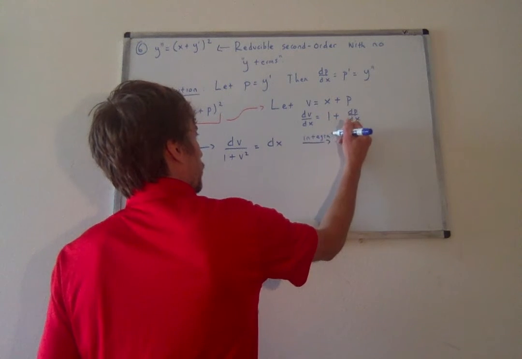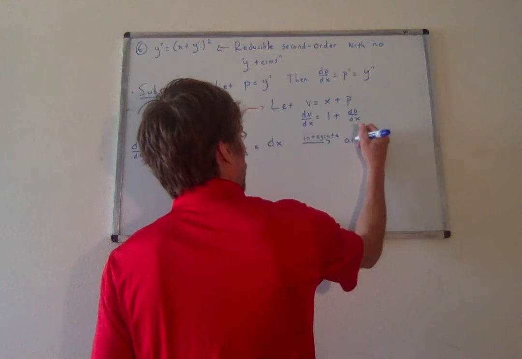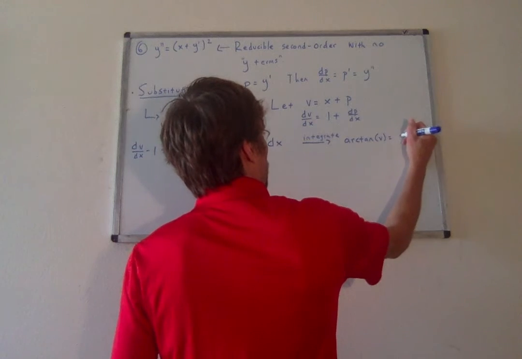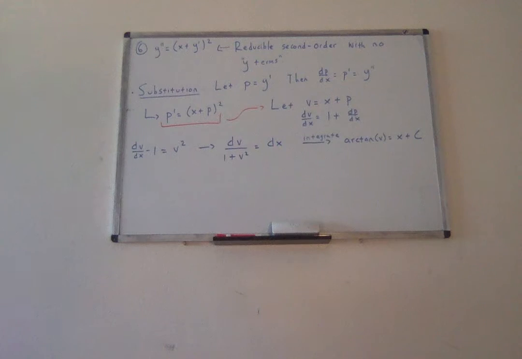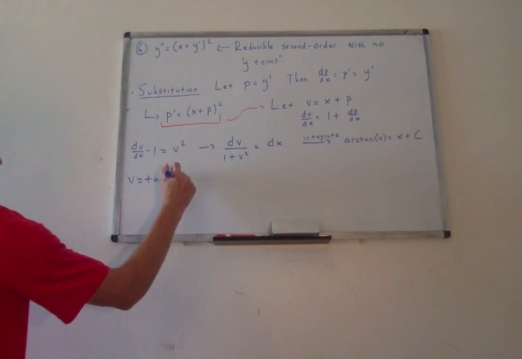Here we're going to have a few more steps, but the left-hand side gives us the arctan of v is equal to x plus c. And so we can solve for v now. We get that v is equal to the tangent of x plus c.